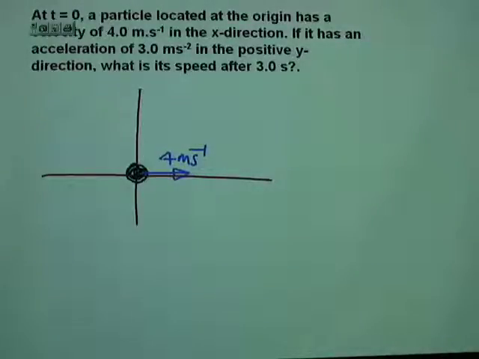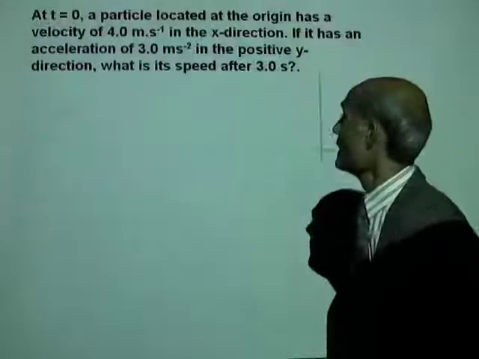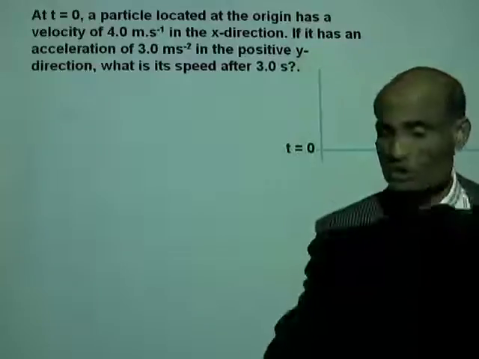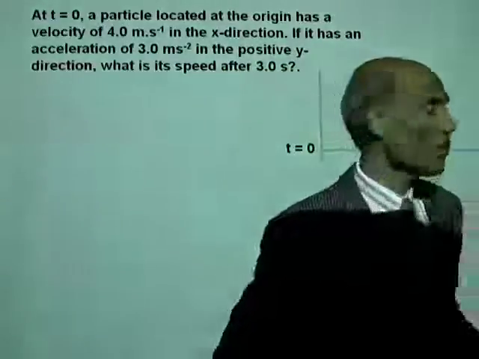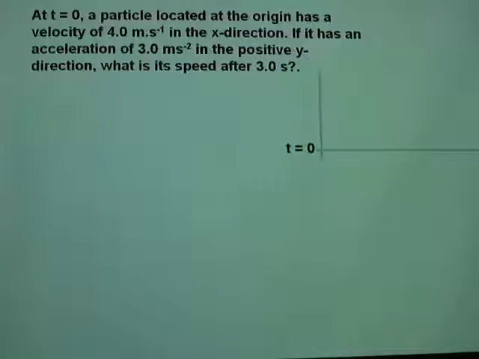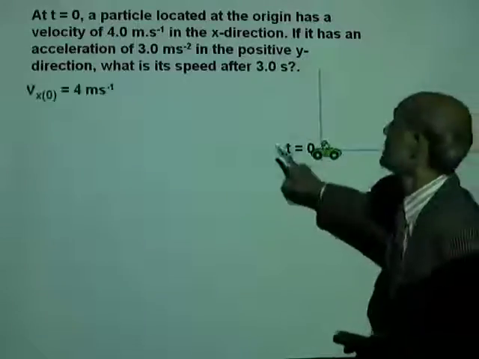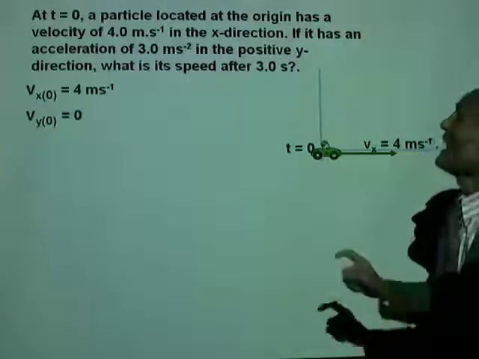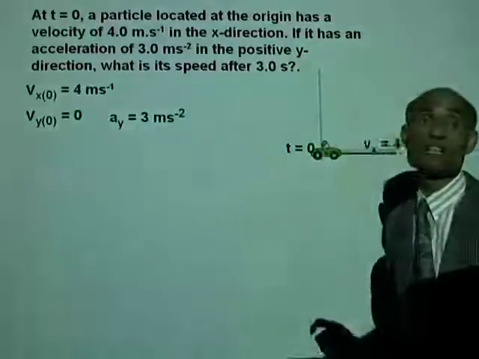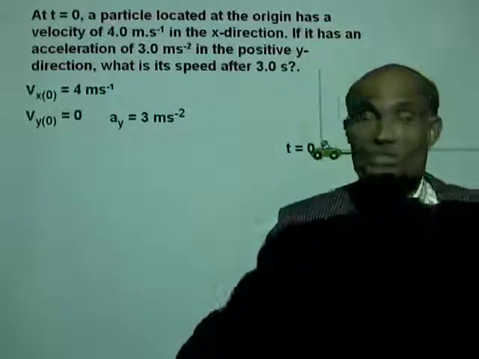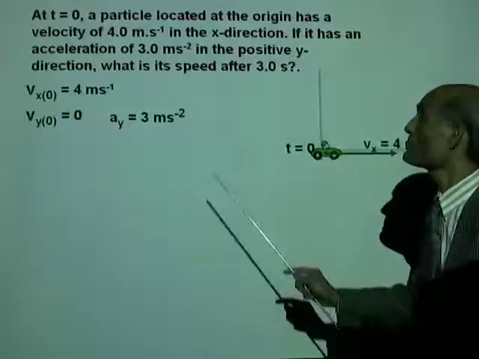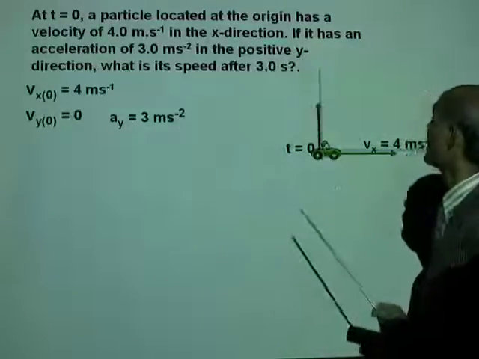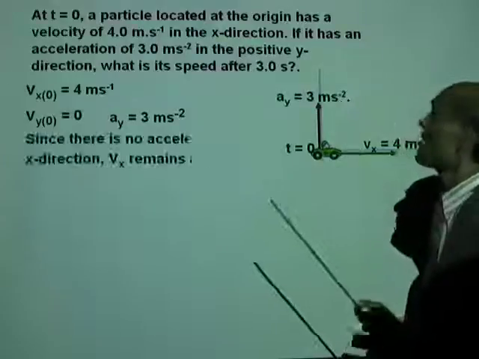Okay, now this is the position of the object at the origin at t equal to 0. Is that right? Yes. Its y velocity is 0. It has an acceleration of 3 meters per second squared in the y direction.